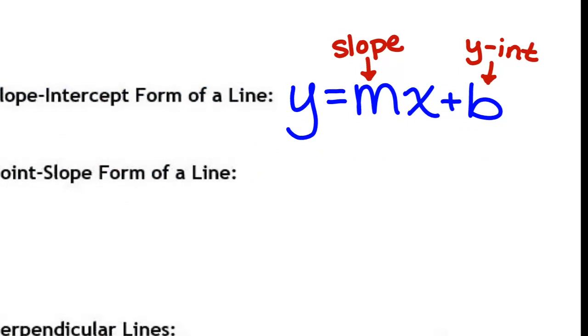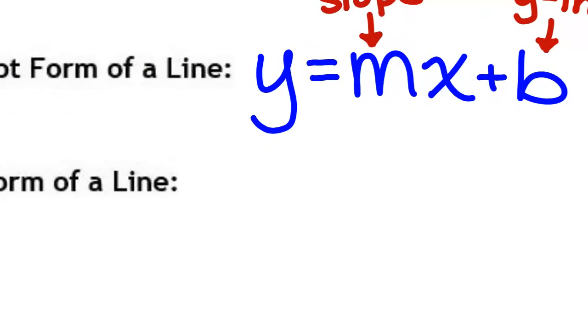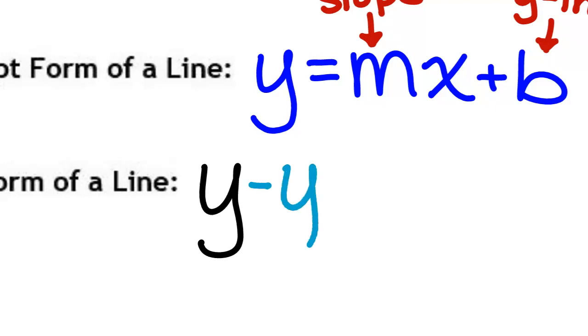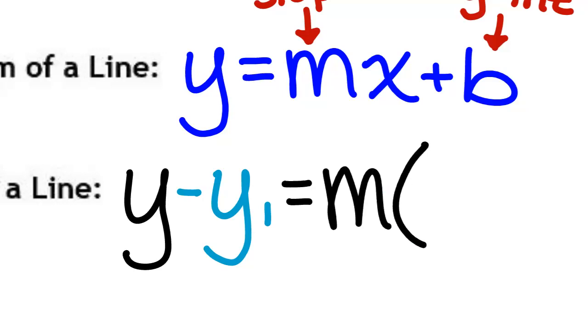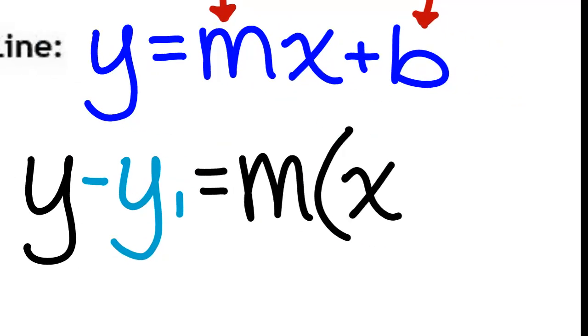Point slope form for a line. We use point slope form when we know a single point that is on the line that is not the y-intercept, and we know the slope. So this is y minus y1 equals m times x minus x1.